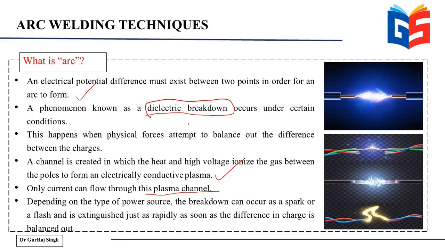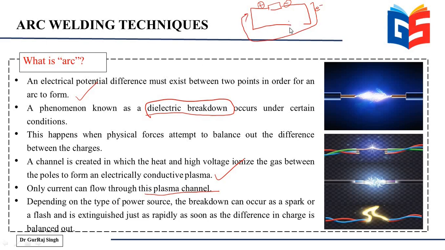To explain this in a better way, let me just draw a small circuit here. There's a power source somewhere around here, and this is the circuit. Take this as the positive terminal, this as the negative terminal. Obviously the electrons are going to start flowing in this direction, from the negative to the positive terminal.